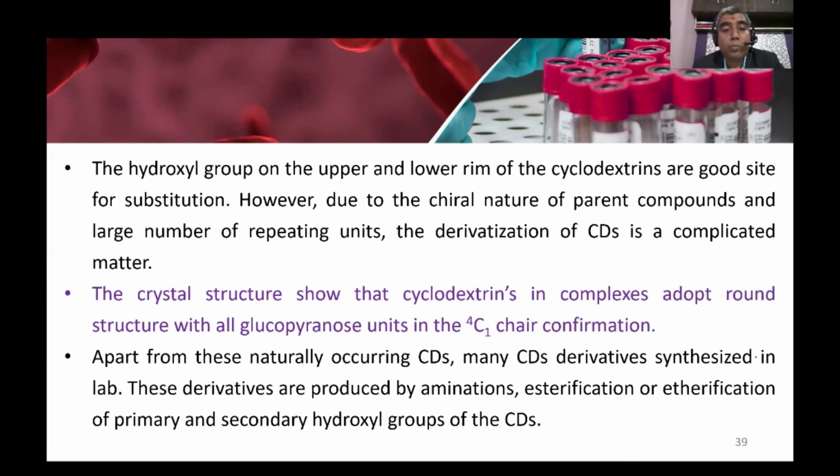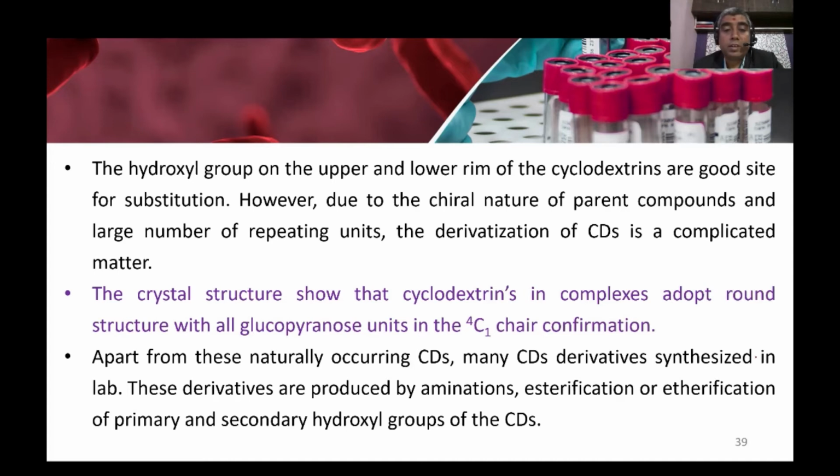The hydroxyl groups on the upper and lower rim of cyclodextrin are good sites for substitution. However, due to the chiral nature of the parent compounds and the large number of repeating units, the derivatization of cyclodextrin is a complicated matter.